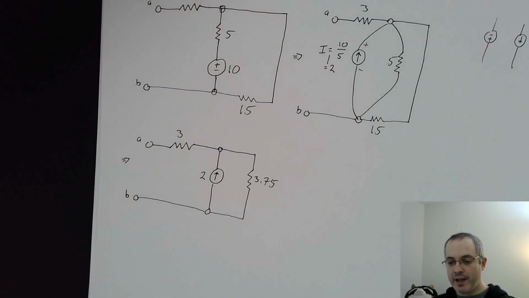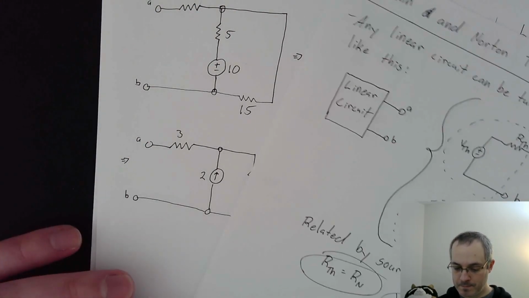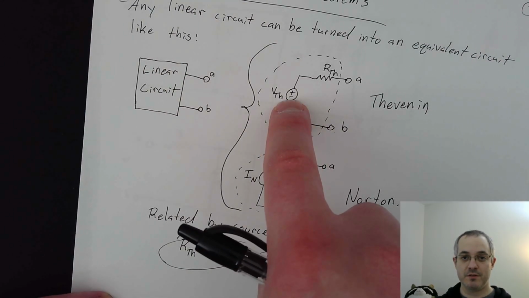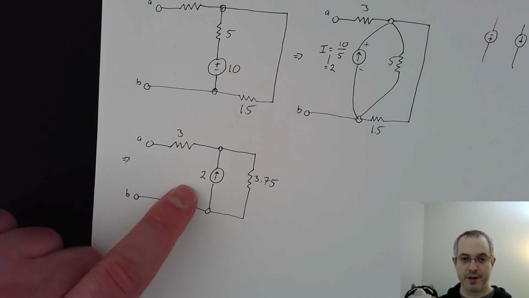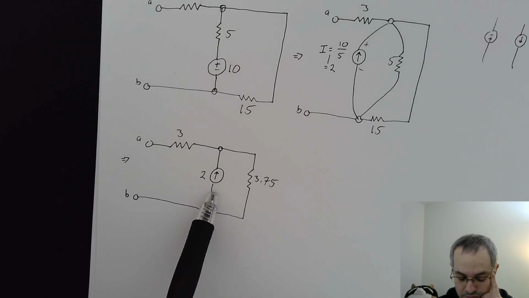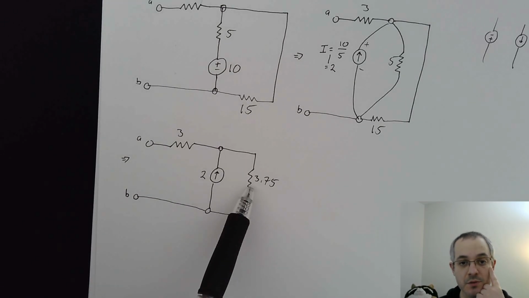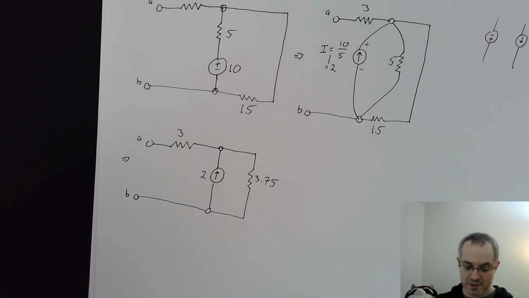Now remember, we want to get the Thevenin equivalent. So that's going to be this. We need a single voltage source and a single resistor in series. We're not there yet. Now, we could get there. Notice this is a current source in parallel with a resistor. Well, sometimes you just see what happens. See what happens if we source transform this.